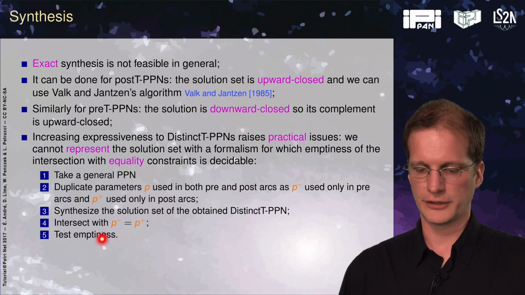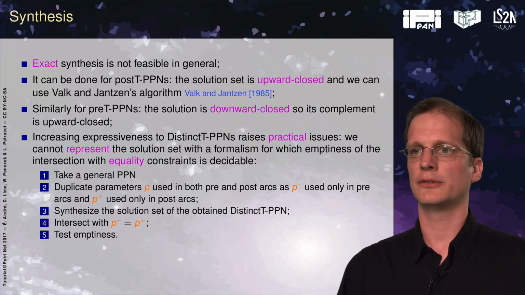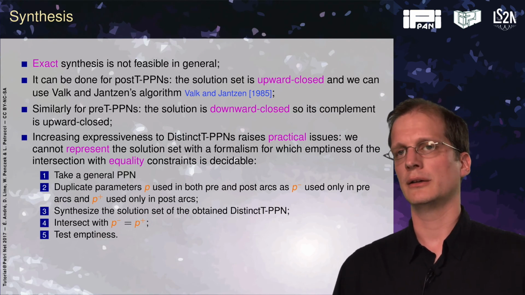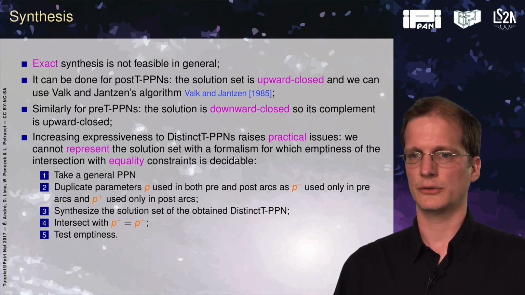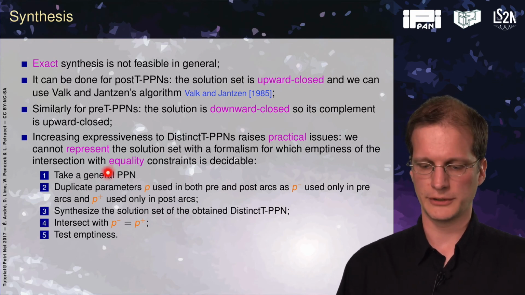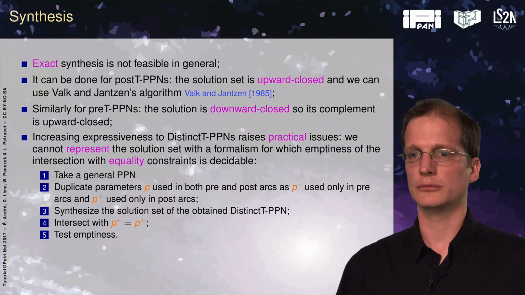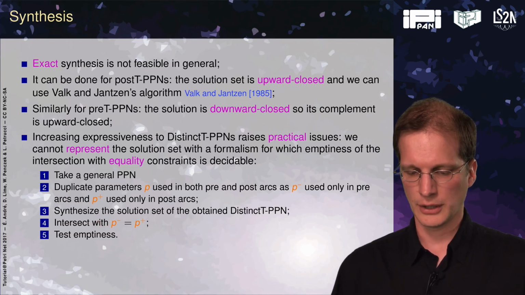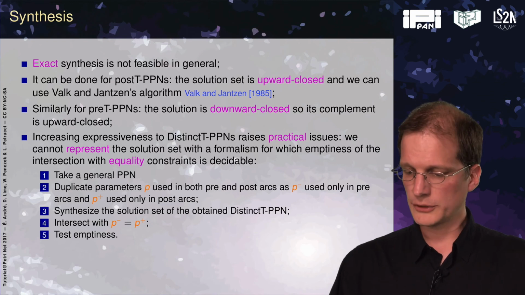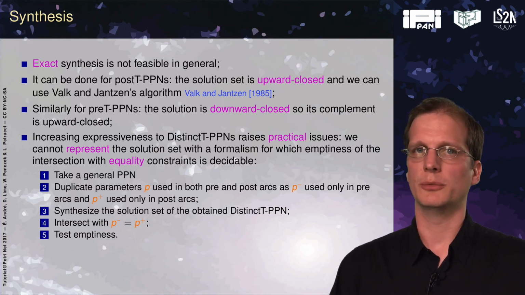And then we can just test emptiness in the set that we have obtained, and then we can decide if the solution set of the original Petri net here is empty or not. So obviously, since this is not decidable, then those steps here, intersection and emptiness of the intersection with the equality constraint, are not possible.